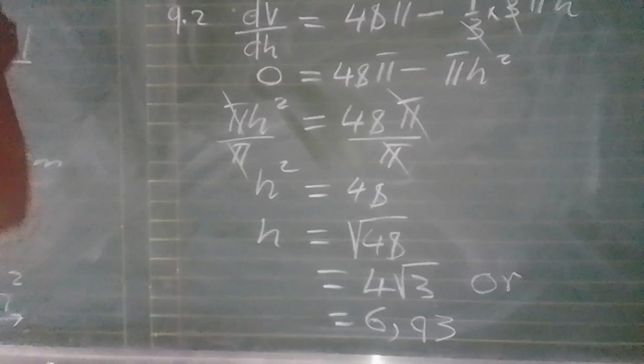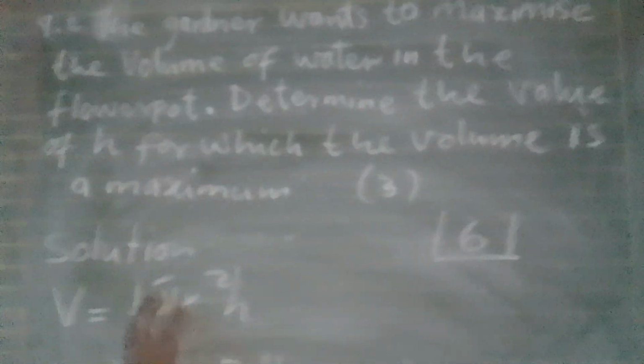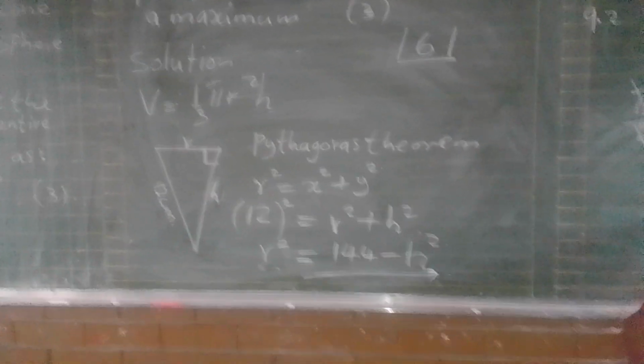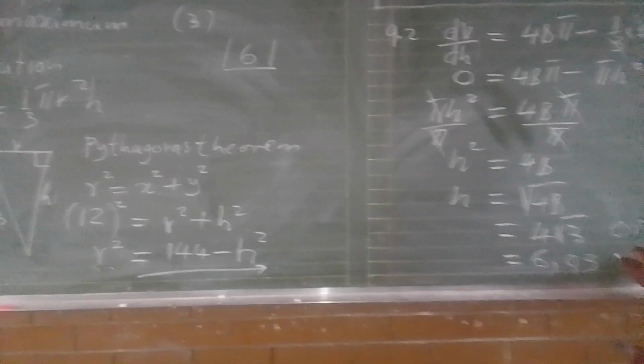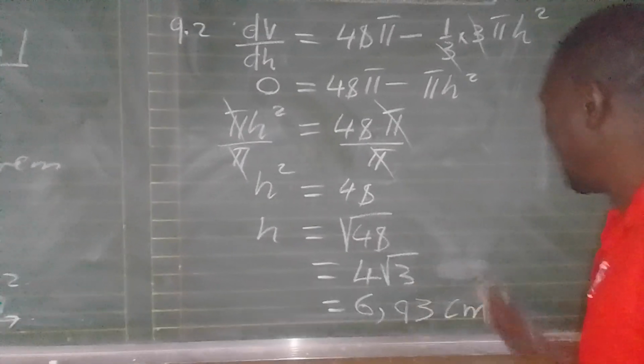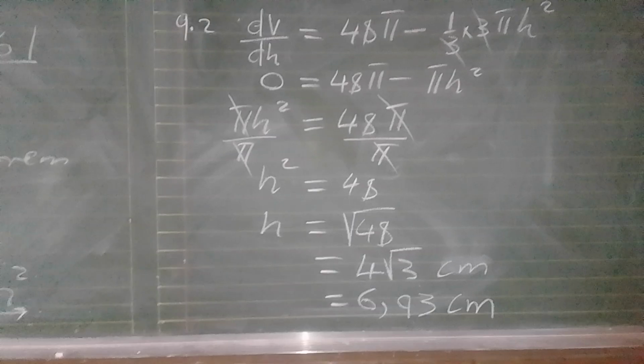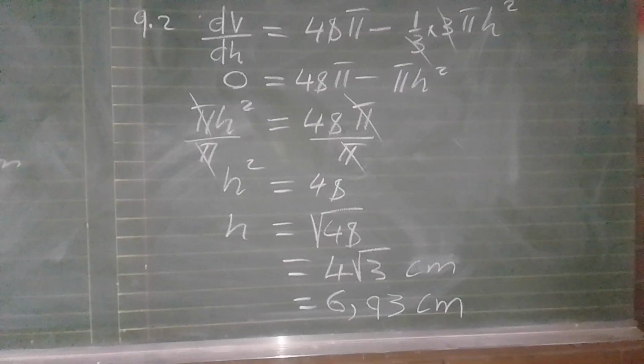Did they tell us the decimal place? No, we can leave it at 2 decimal places. As for the first one, it said we must leave 3 decimal places. H is going to be 6.93 centimeters or 4 square root of 3 centimeters.